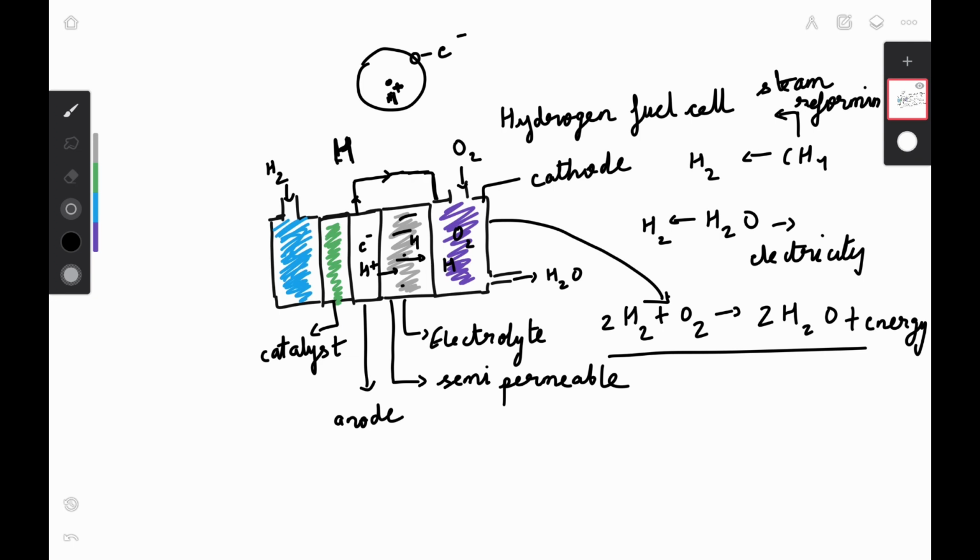And we know that the production and transportation of electrons leads to what is known as electric current. So electric current is being produced, and if we place a bulb in place of it, it will light up. Similarly, if we connect an electric motor which powers the car, which helps the car move, this is the entire scenario, which is what is happening in the fuel cell.